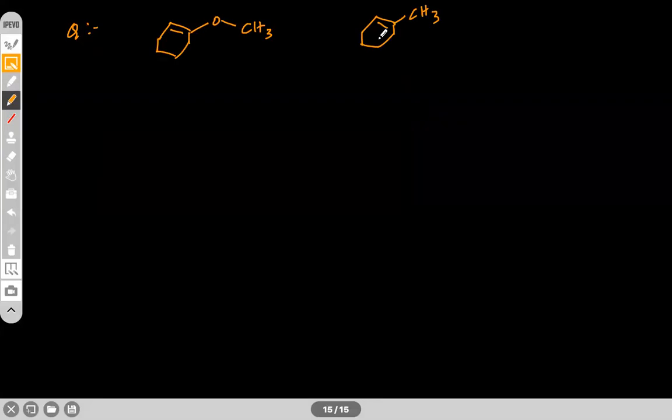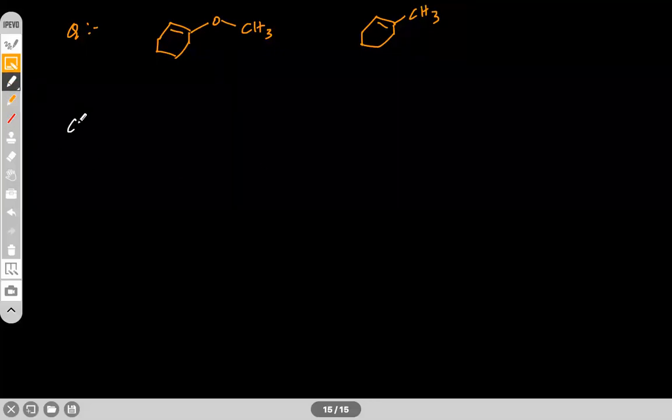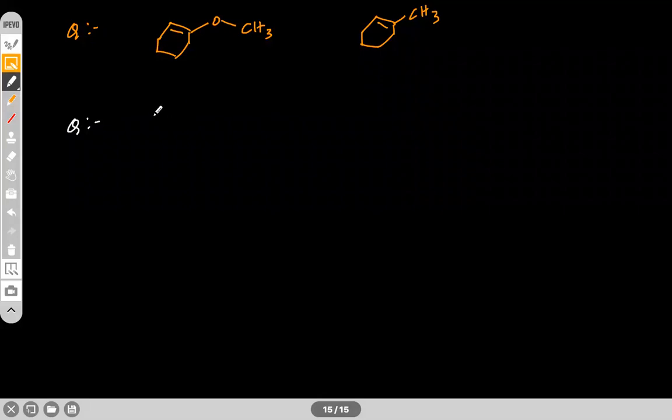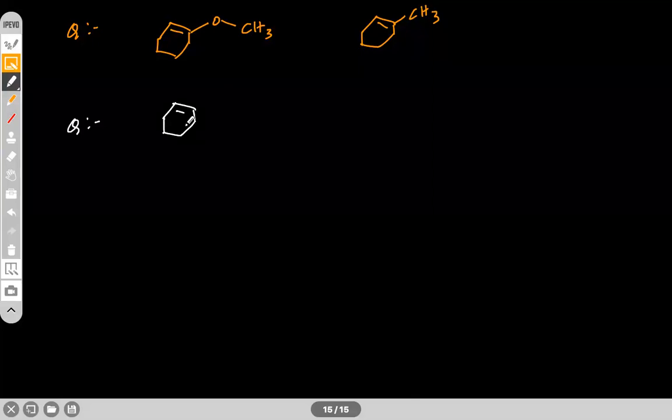Which one is more stable? Which alkene is more stable?